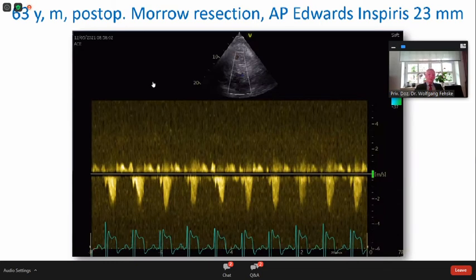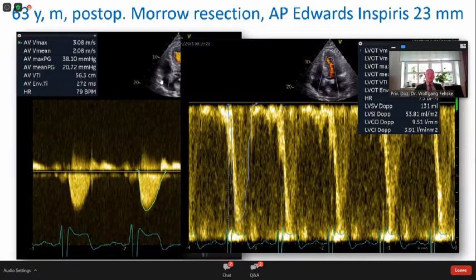We try to fix the valve itself, but we all know that the subvalvular velocity in this case, through the valve, we have only 3.1 meters per second, and below the valve we have 1.3 meters. That is a normal relation for a prosthesis, but it is difficult to understand and to explain to people that with a freshly operated prosthesis you have such high velocities.